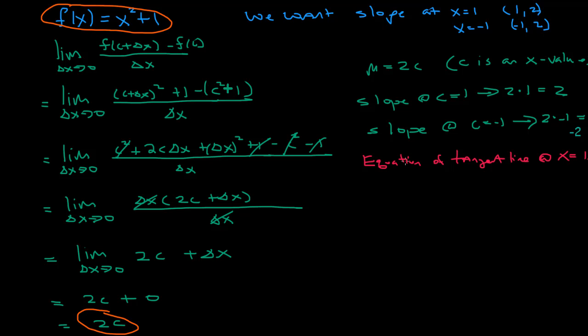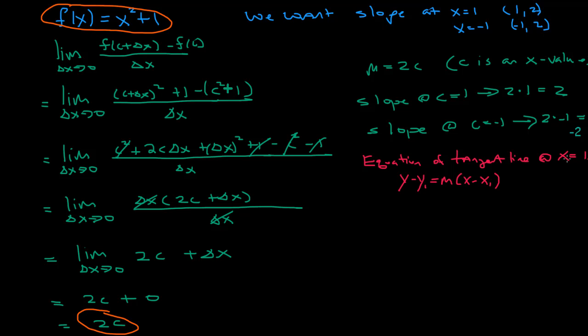So a lot of the work we're going to do in Chapter 3 will be about finding the equations of tangent lines. Okay? So if we want to find the equation of the tangent line at x equal 1, well, first of all, we need a point and we need a slope to use point-slope form. Remember, point-slope form is y minus y1 equals m times x minus x1.